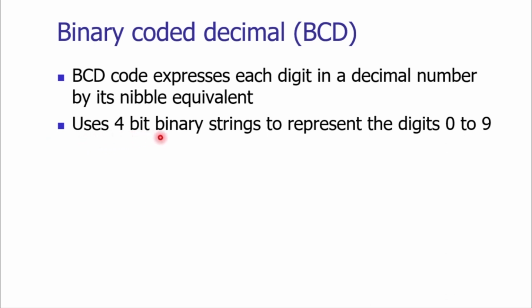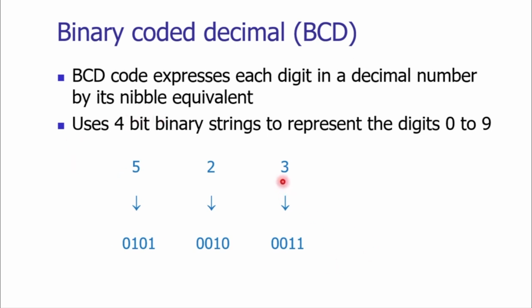It uses the 4-bit binary strings to represent the digits 0 to 9. So let us take this example. If we are having a decimal number, say 523, then what would be the binary coded decimal representation?